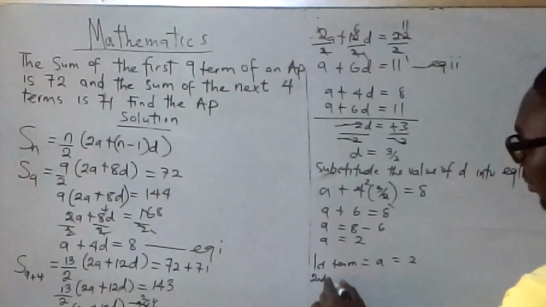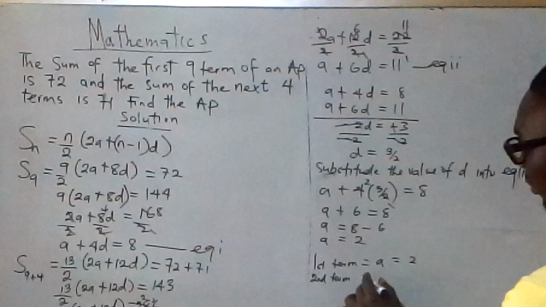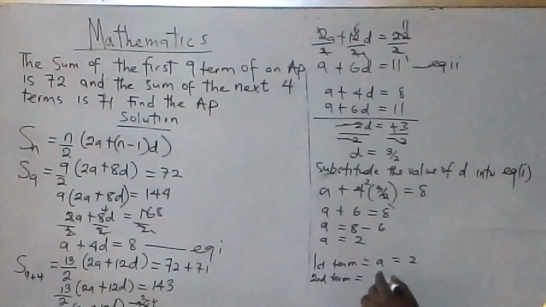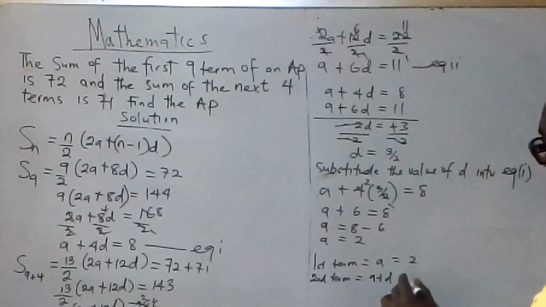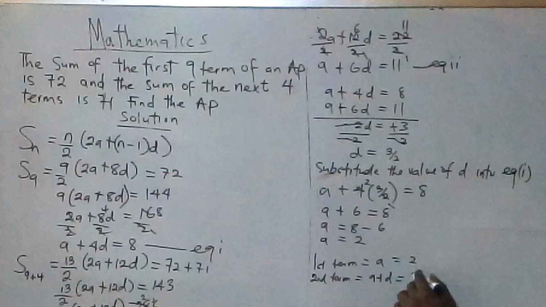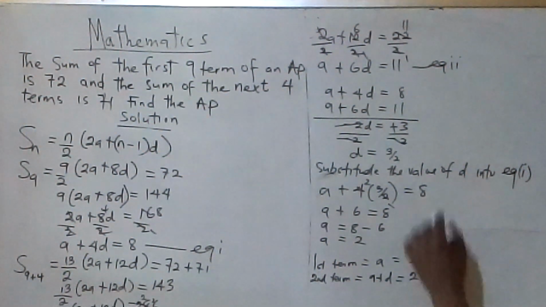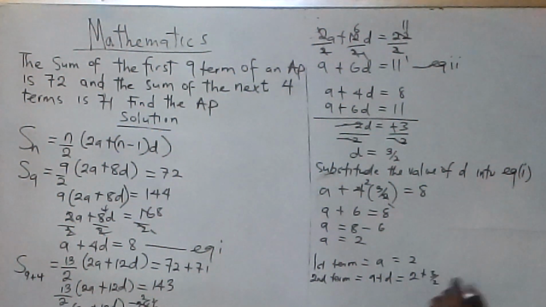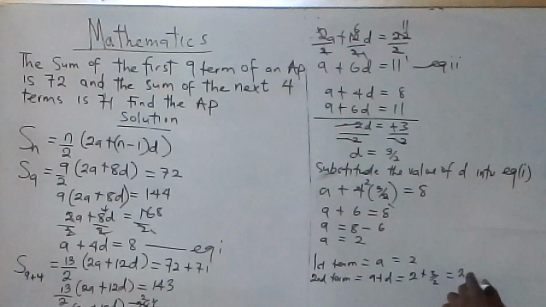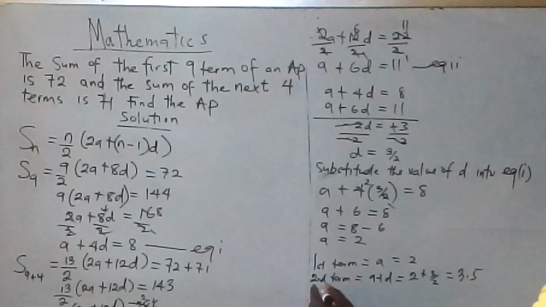The second term is equal to a plus d, which is 2 plus 3 over 2. Now, I can write 3 over 2 as 1.5. So 2 plus 1.5, I'll have 3.5.